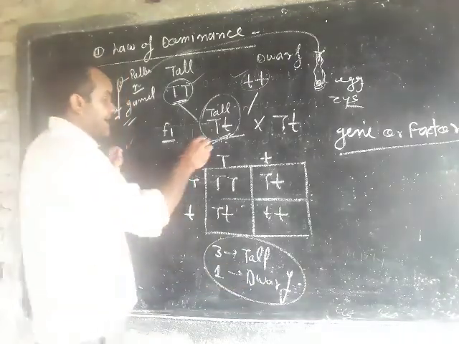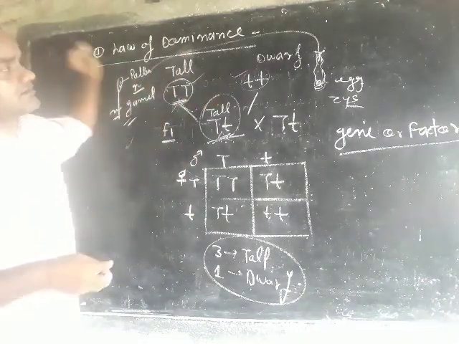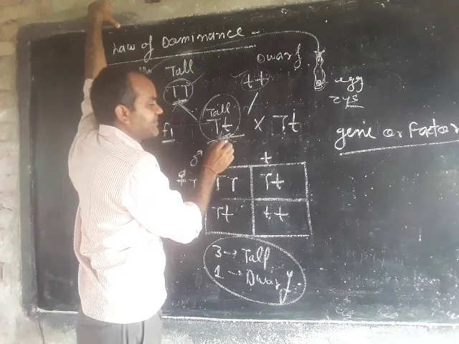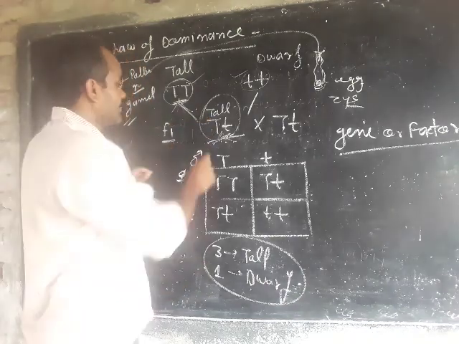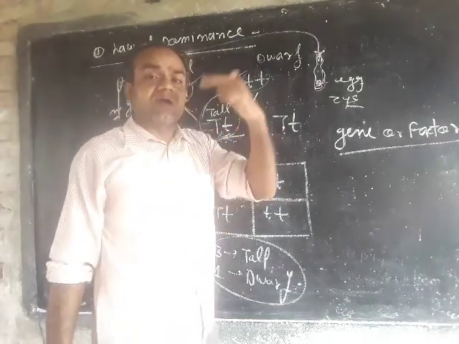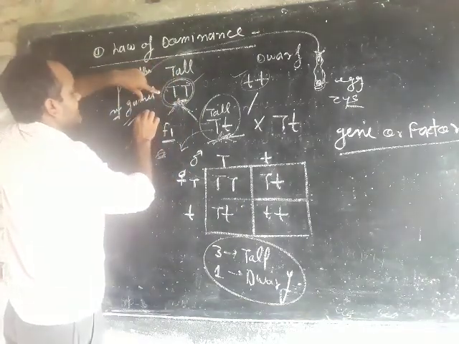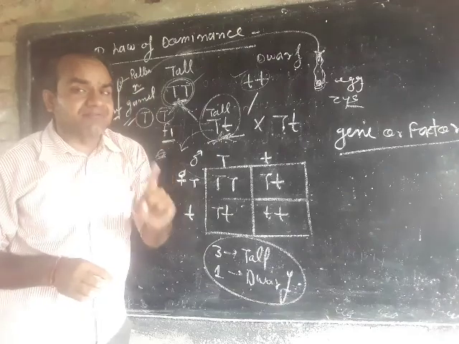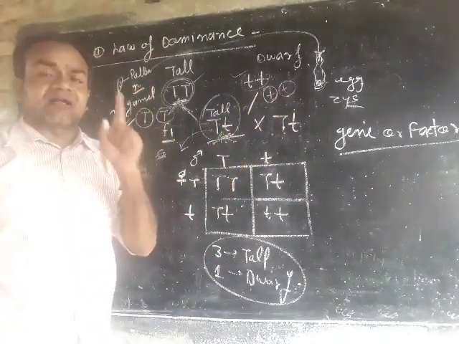This means that after gamete formation in the anther or carpel, or pistil, the female reproductive part, both alleles separate. One allele goes into one gamete and the other allele goes into another gamete, forming two gametes, capital T and small t. Each gamete contains only one factor, or one allele.